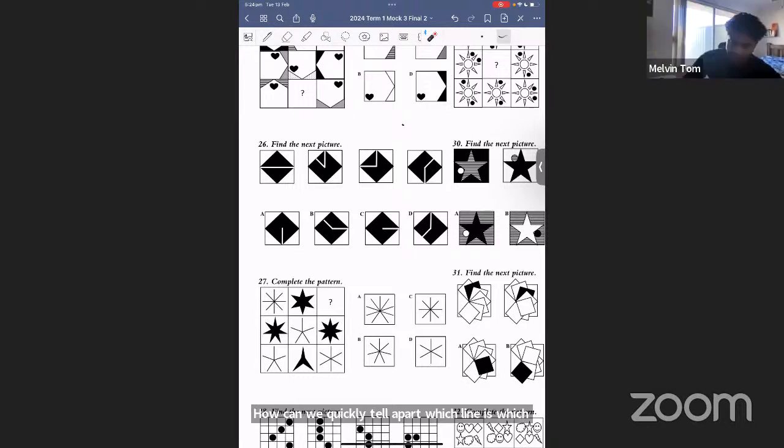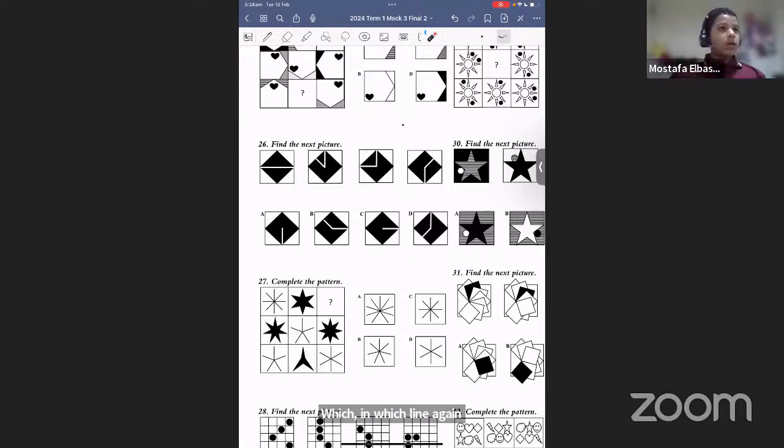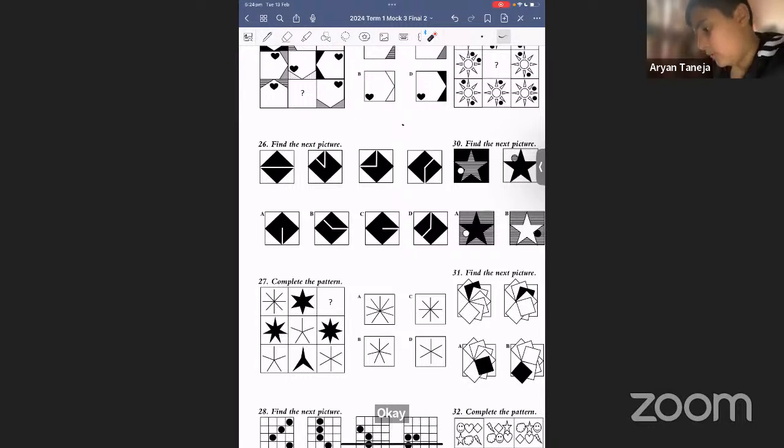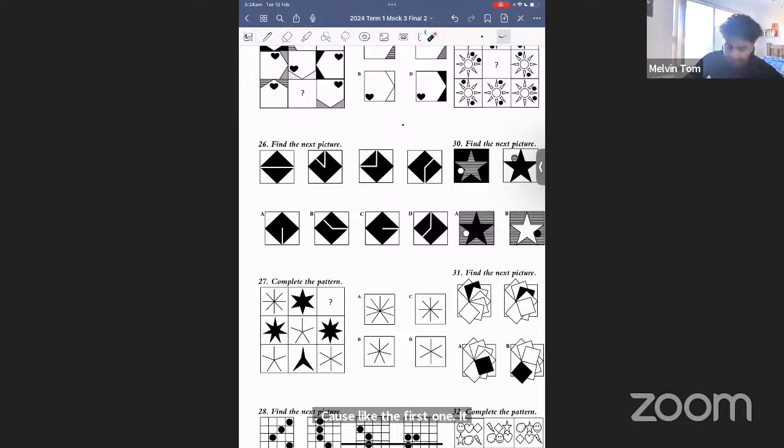Okay, how about you, Momina? Is there any way we can differentiate it? You can see there's a pattern, how it can be rotated possibly. Yeah, you're pretty much right.